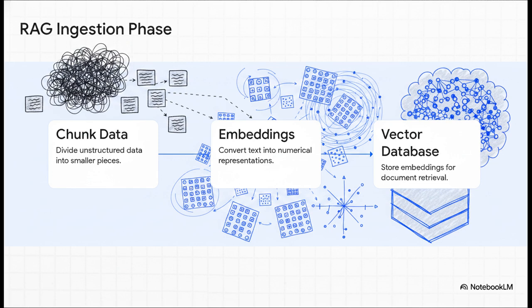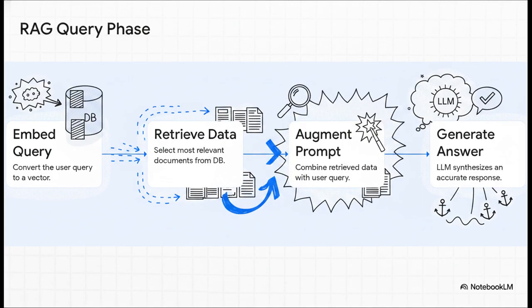Next, we convert those chunks into embeddings. If you're new to that term, it basically means mapping the text into high-dimensional dense vectors so the machine can actually capture its semantic meaning. Finally, we store these embeddings in a vector database. Unlike traditional keyword matching, where you're just looking for exact words, a vector database organizes data by semantic similarity in mathematical space.